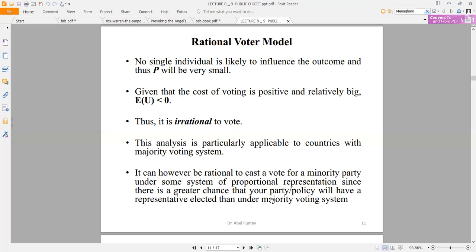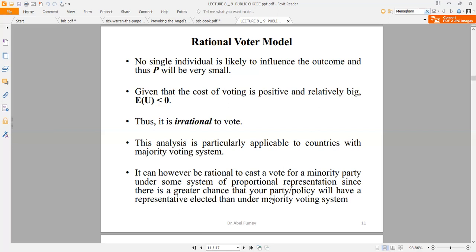Okay, but then we have cost. The cost is always positive, which means that the expected utility is going to be negative. The cost is going to be greater than the benefit that you get from voting. This is the reason why we are saying it is irrational to vote. Your expected utility from the voting is negative. The probability of your vote being decisive is very small.